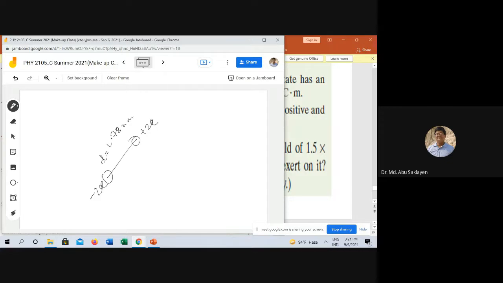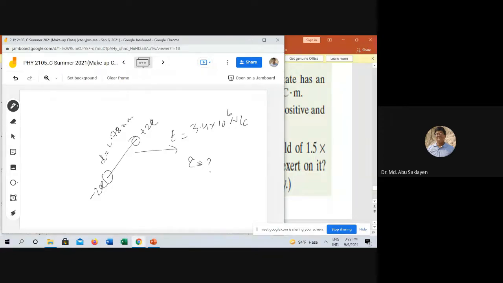And electric field E is given, E equal to 3.4 into 10 to the power 6 Newton per coulomb. Calculate torque, magnitude of torque. You have to calculate magnitude of torque when dipole moment is parallel.